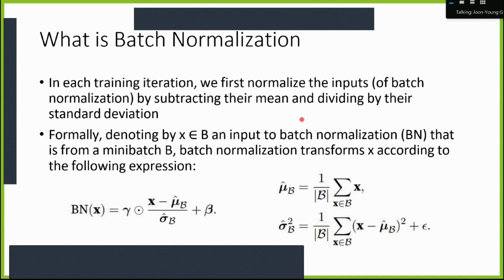So if we're trying to update a neural network based on samples 1 to 10 for a specific neuron, and if we visualize one layer, there are multiple neurons, and we want to standardize the output value which one neuron produces.